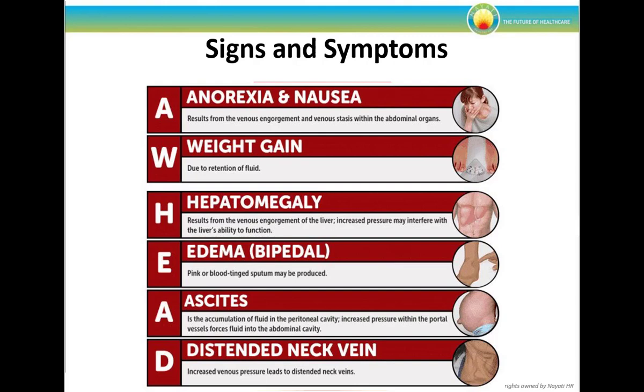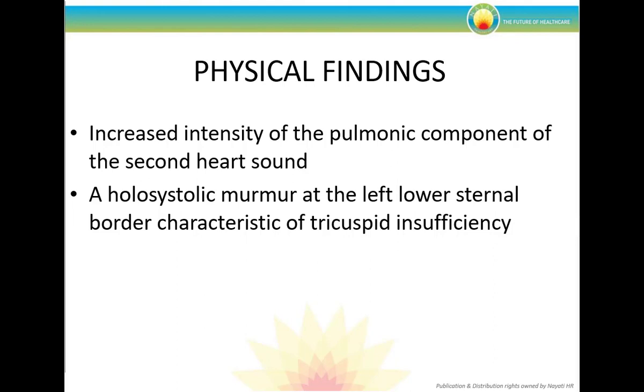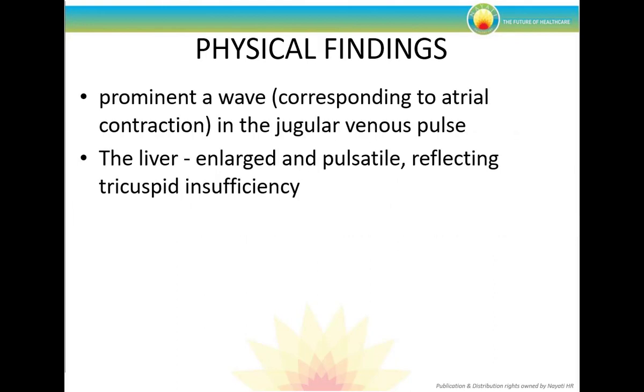Patients will typically present with pedal edema, ascites, and obviously a raised JVP leading to distended neck veins. If you place your stethoscope, you can hear increased intensity of the pulmonary component of the second heart sound. You can also hear a holosystolic murmur because of the tricuspid regurgitation.